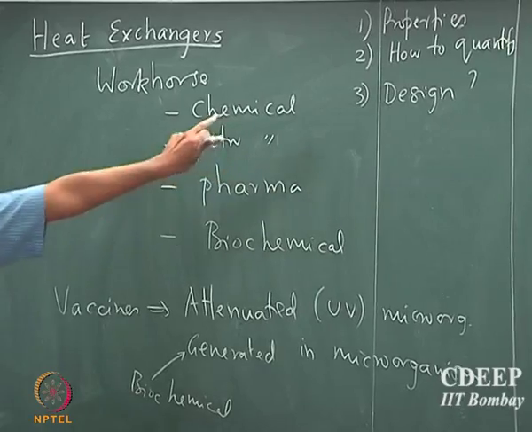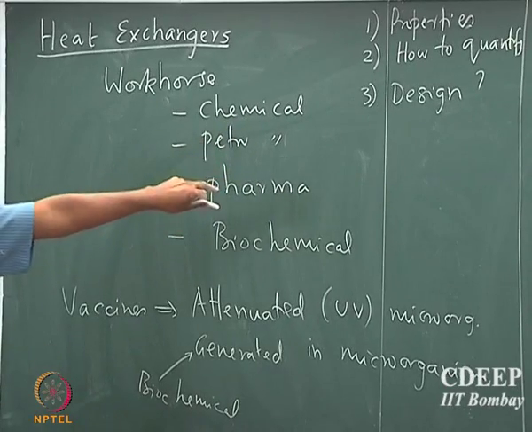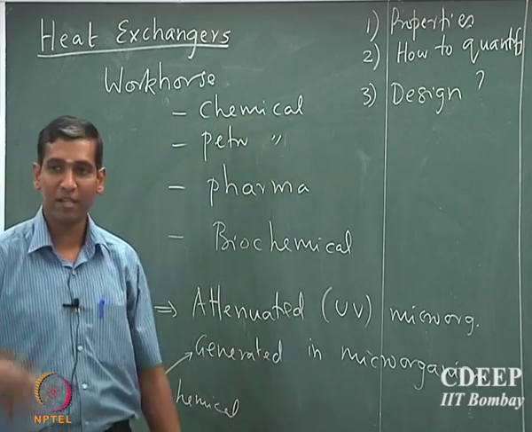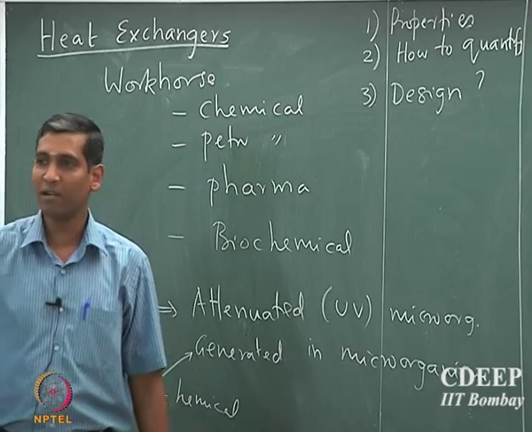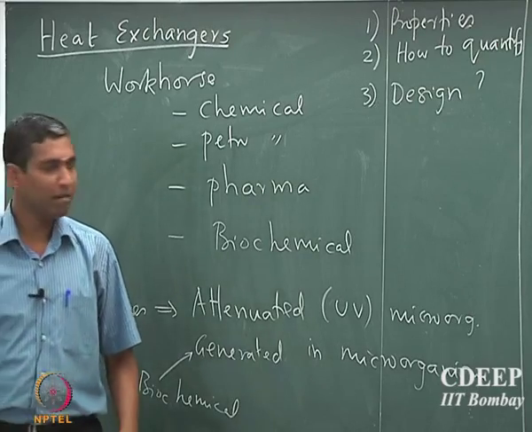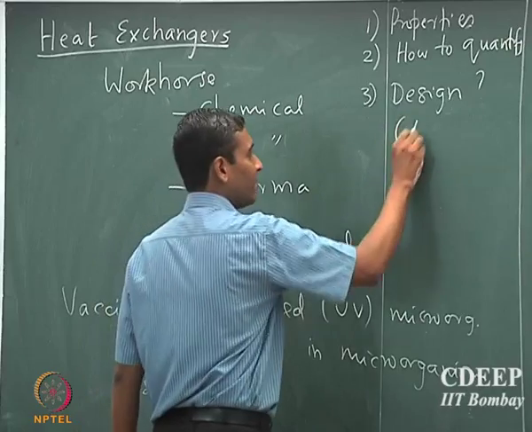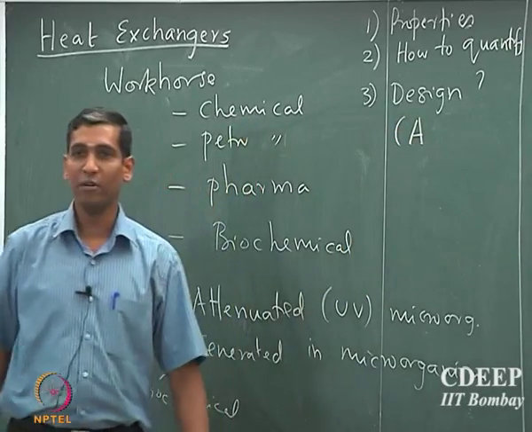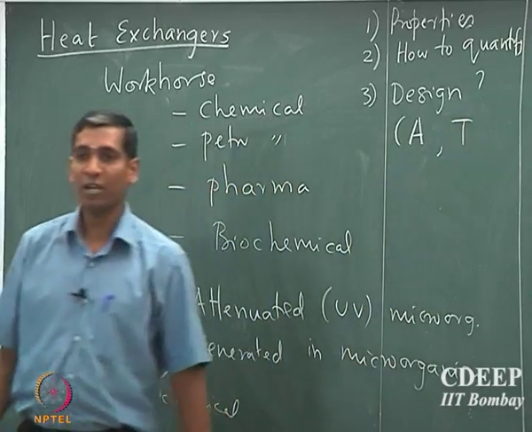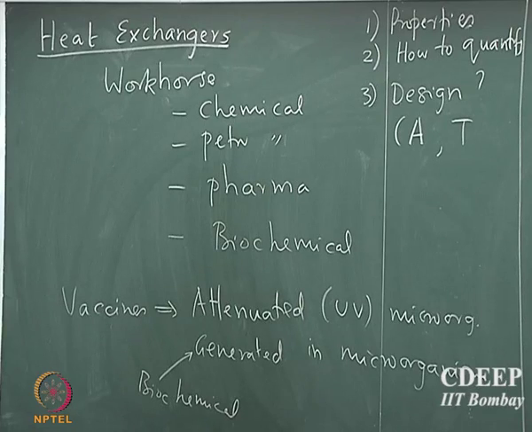We will not see all of them. You will see a lot more of these when you look at process equipment design in your I think 7th or 8th semester, where all of these will be put together once again, and you will look at much more detail about the mechanical design of heat exchangers. So, we will not look at the mechanical design, but we will primarily look at the area of heat transport, estimating the inlet and outlet temperatures depending upon the heat exchangers.